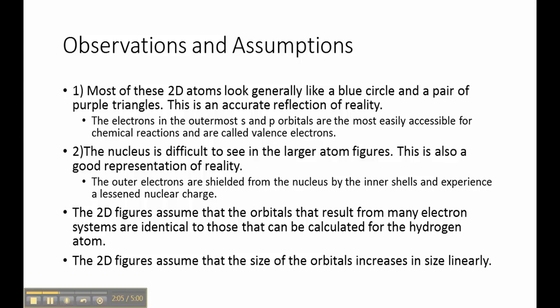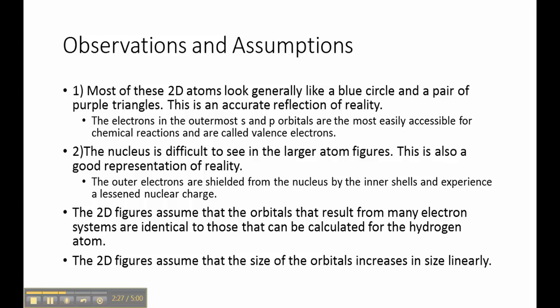The third point here, the 2D figures assume that the orbitals that result from many electron systems, like all the elements beyond hydrogen, are identical to those that can be calculated for the hydrogen atom. Well, that's an assumption that is present in the quantum mechanical model itself.